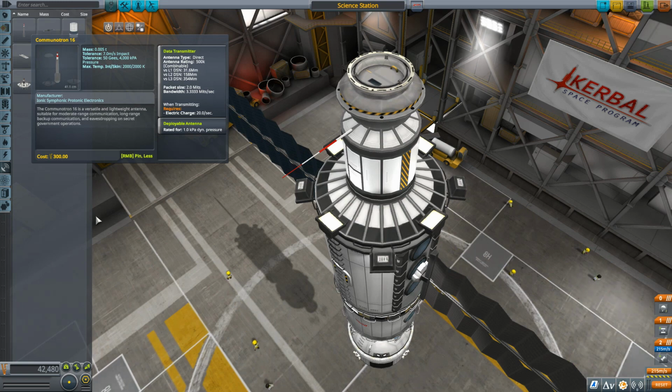When you transmit, KSP will only ever use one antenna. It will pick what it feels is the best antenna, and that is the one it's going to use. When you start putting in more antennas, the only thing that affects is your signal strength, which you would think would affect the rate at which you can transmit and therefore the amount of electricity you're going to be using, but it doesn't.